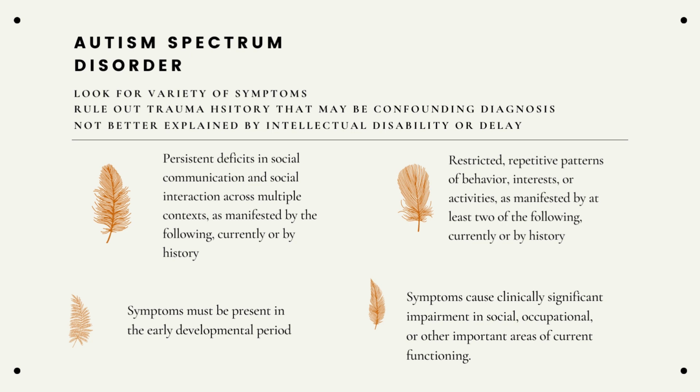So the symptoms have to cause clinically significant impairment in social, occupational, or other important areas of functioning. They're not better explained by intellectual disability or global developmental delay. So we want to look at that too. If you've got a child who may have been a preemie and may have been exposed to things in utero, or who you expect for any reason of intellectual disability or developmental delay, then you see that child maybe not rolling over quite when they should.